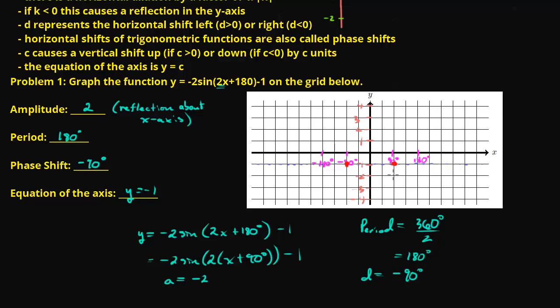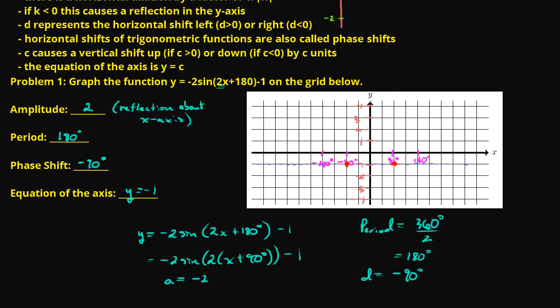Now, I always say to graph 1 complete cycle, think about breaking the graph up into quarters. After a quarter of the cycle, we're going to reach a maximum normally for y is equal to sine of x. But since we have a reflection about the equation of the axis, or a reflection about the x-axis, we're going to have a minimum after the first quarter.